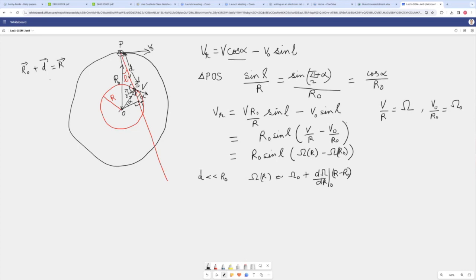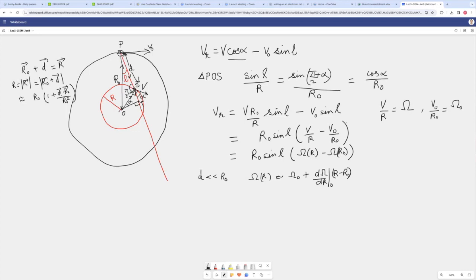And we write r, which is equal to the magnitude of r naught plus d, and that can be approximated as r naught times 1 plus d dot r naught by r naught squared.